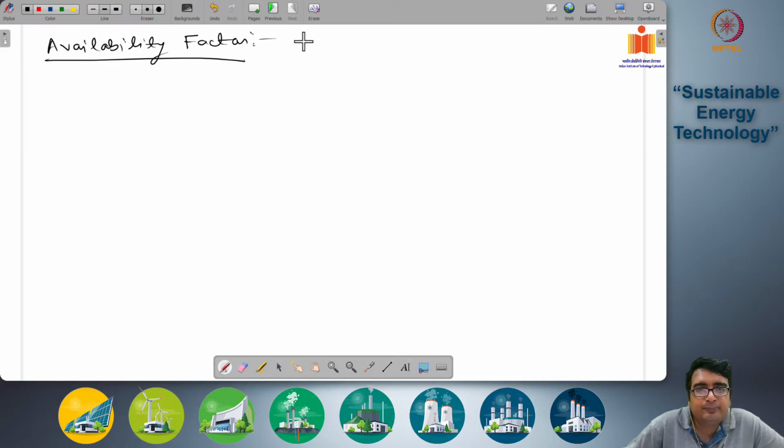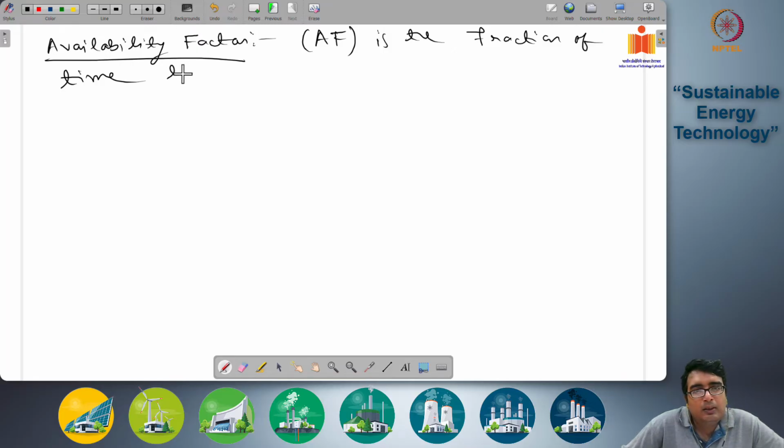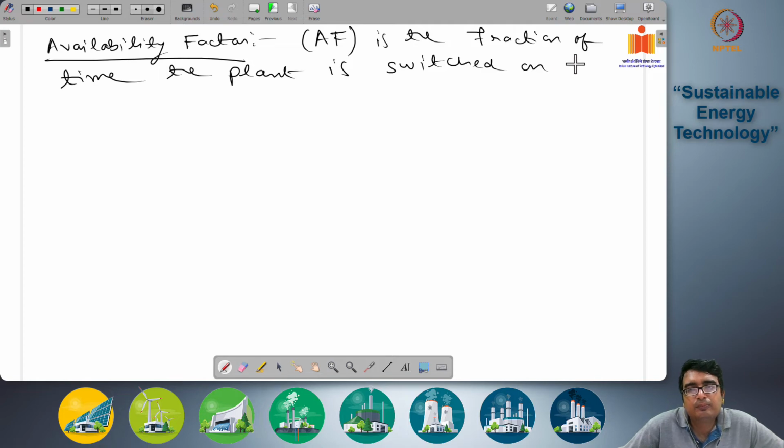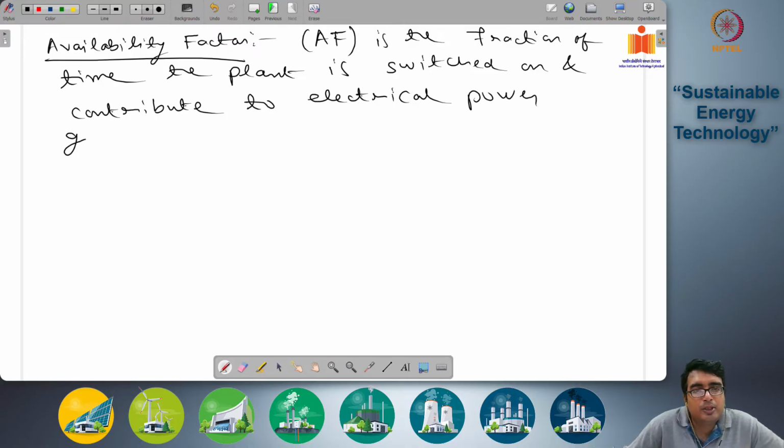So availability factor, also called AF, is the fraction of time the plant is switched on and contributes to electrical power generation for the grid.